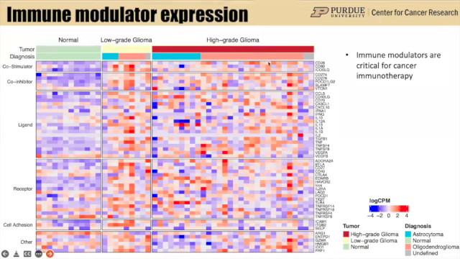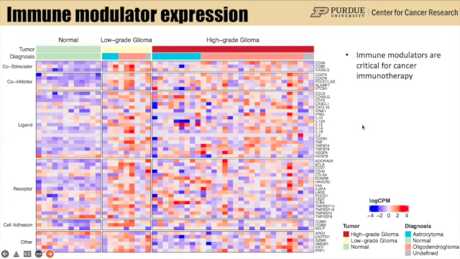But if you look at the patterns, we see largely a lot of blue, so there's downregulation of many of these immune modulators in normal tissues, especially compared to both low-grade and high-grade gliomas. You have a lot more upregulation of some of these immune modulators in gliomas compared to normal tissue.